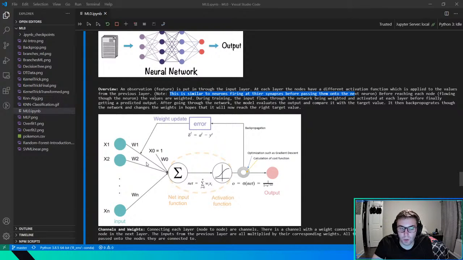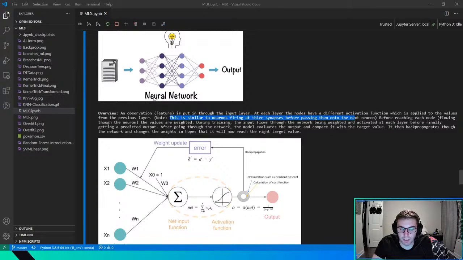Because at the end of the day, all you're doing is summing up values from the previous layer, then applying this activation function and passing it on to the next layer. Before reaching the node, the values are weighted. So between each node there are weights, usually between 0 and 1.